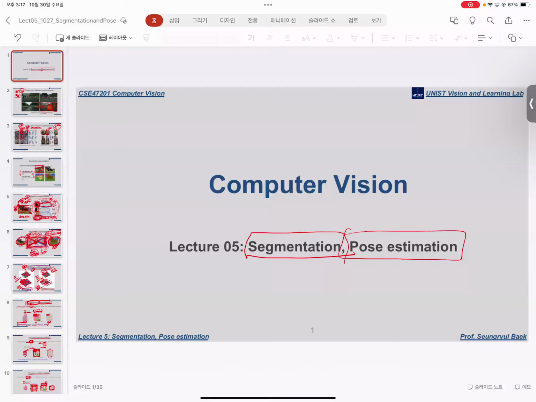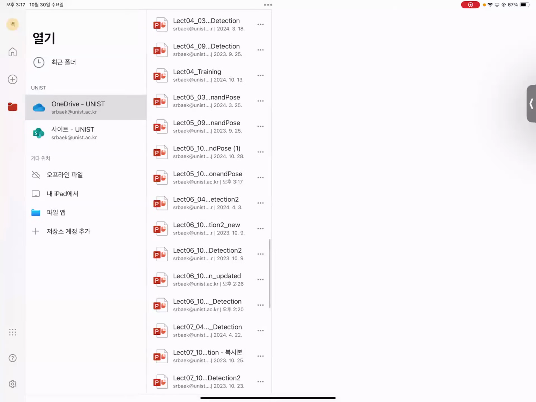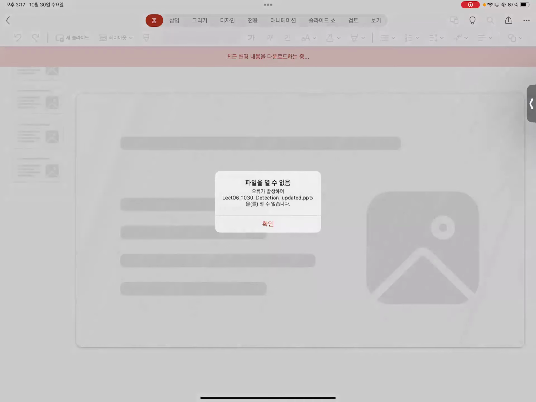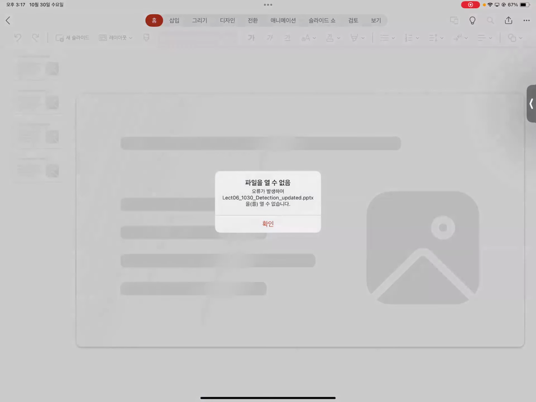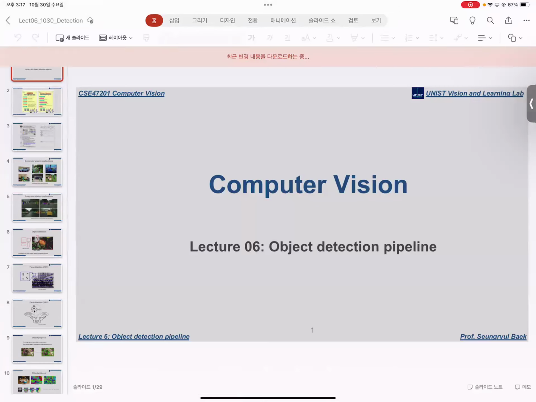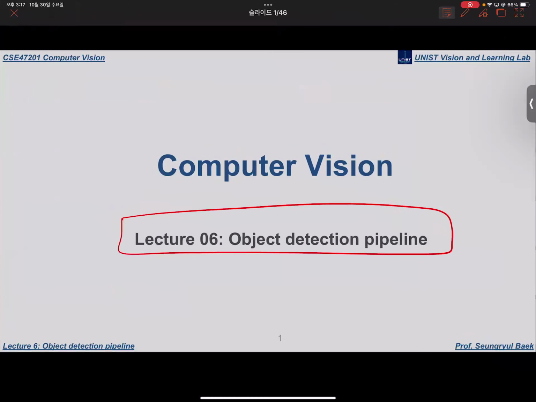And another thing we now have to learn is the object detection pipeline. So in this class, we have to learn about the object detection pipeline.